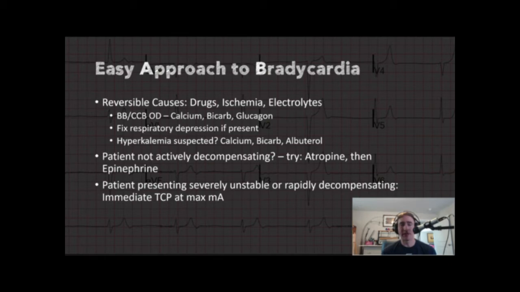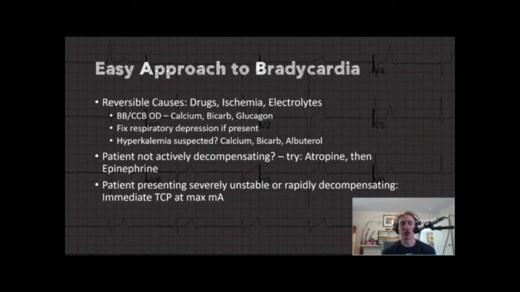If I have a patient presenting severely unstable or that's actively decompensating right in front of me, when I am going to begin transcutaneously pacing that patient, I'm not messing around. I'm turning it up to 11. Now that's just a saying.